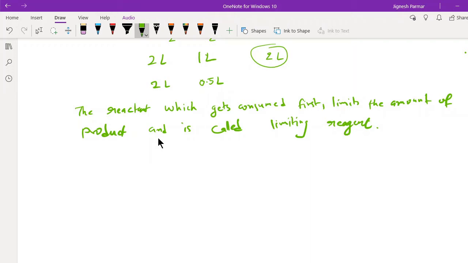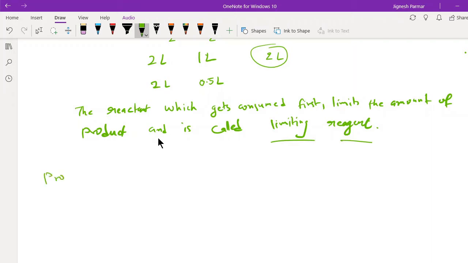There are a few methods to explain this, and here they have given one example where I need to find which is the limiting reagent. Here is an example given in our textbook. I'm going to take the same example to explain how to calculate, find, or identify a limiting reagent.